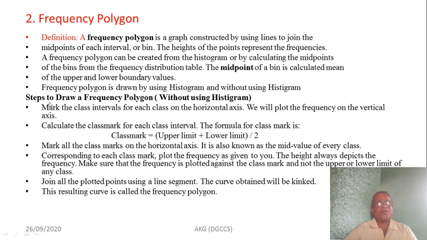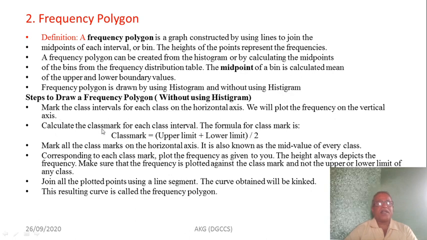So here are the steps to draw the frequency polygon, first without using the histogram. Following are the steps for construction. First, mark the class intervals for each class on the horizontal axis. We will plot the frequency on the vertical axis, the same as we see when drawing the histogram.